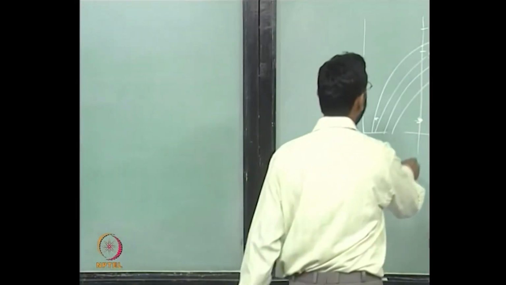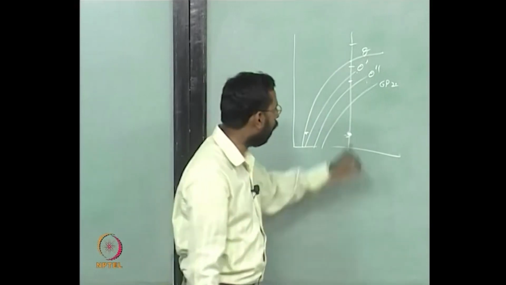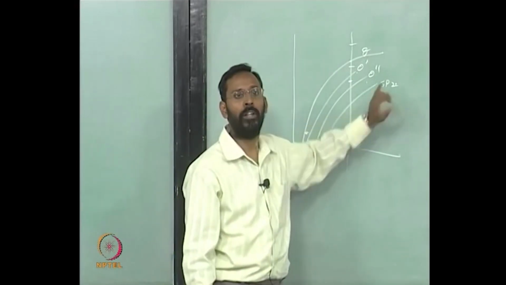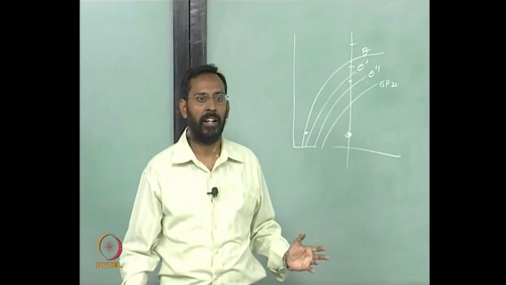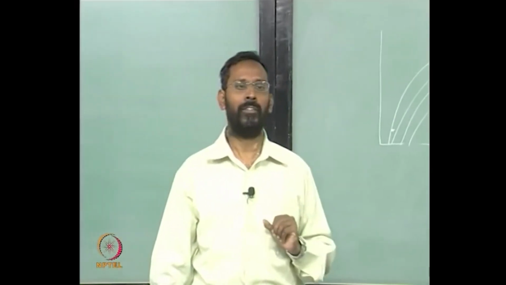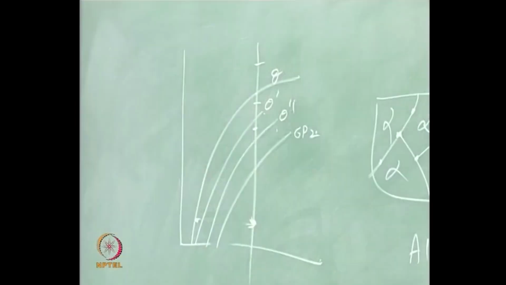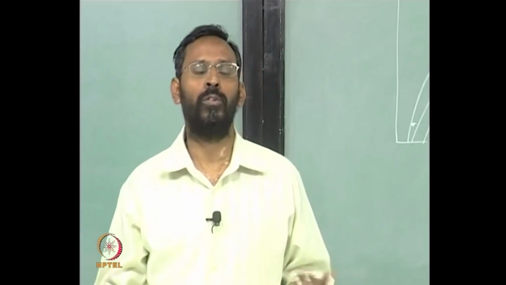This alloy, for example, if I bring it and keep it here, it cannot precipitate GP zones, though they are the most coherent, because there is no driving force for the GP zones to nucleate. So you need to have a driving force for the phase to nucleate, and among the phases that have the driving force, the system will choose the one which has the best coherency, which needs the lowest energy to nucleate.